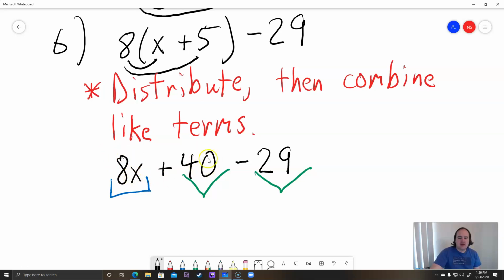But we can combine the 40 and the negative 29. Those are like terms because they don't have any variables. Okay, so 40 minus 29 is actually 11. So what we got here is 8x plus 11.